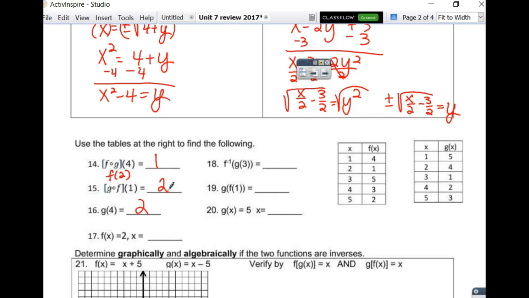So 4 is your x. This time 2 is your what? This is your y, and it wants to know what is the x. So in the f chart, I look down the y's, 2, so what's my x? 5.